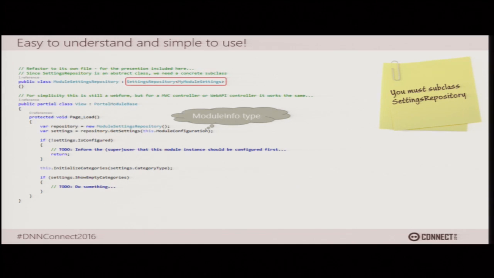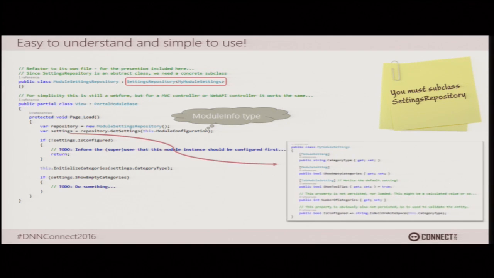So what you see here is that this repository actually creates this module settings POCO class for us. It not only creates it, but it fills all the properties that you explicitly mapped or decorated with these attributes, and it does even a little bit more.